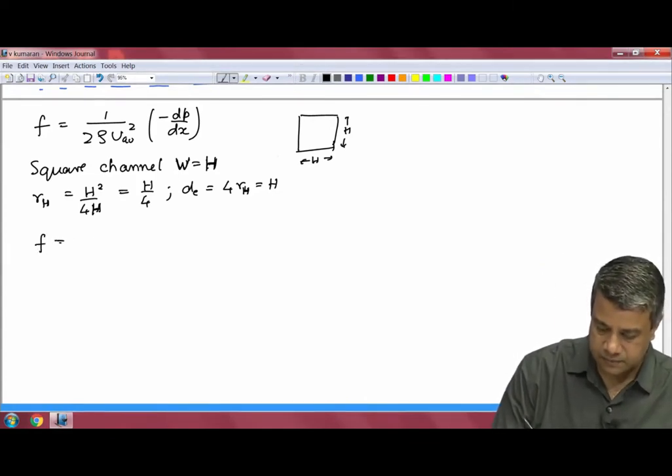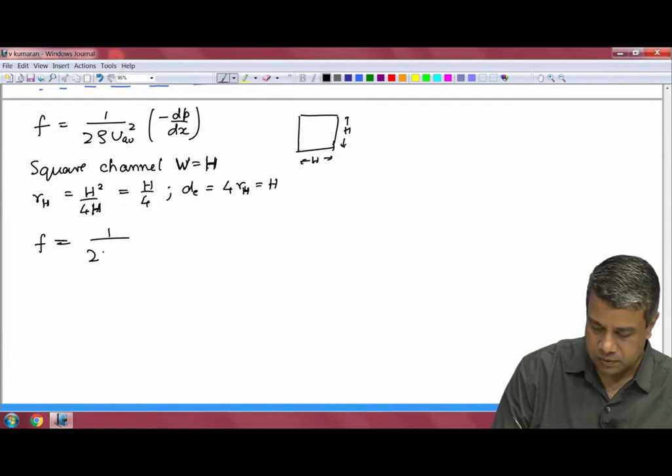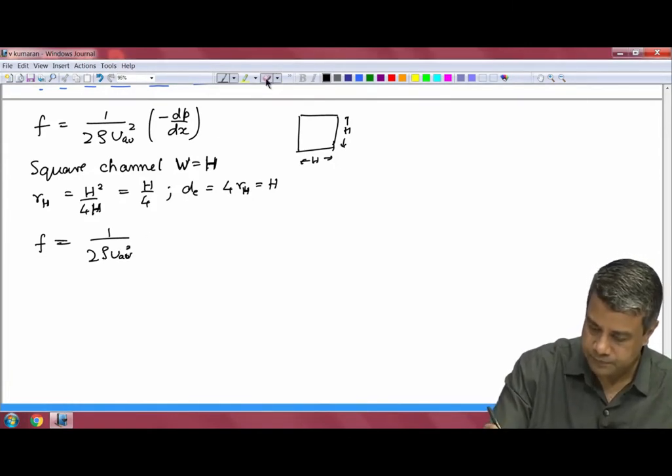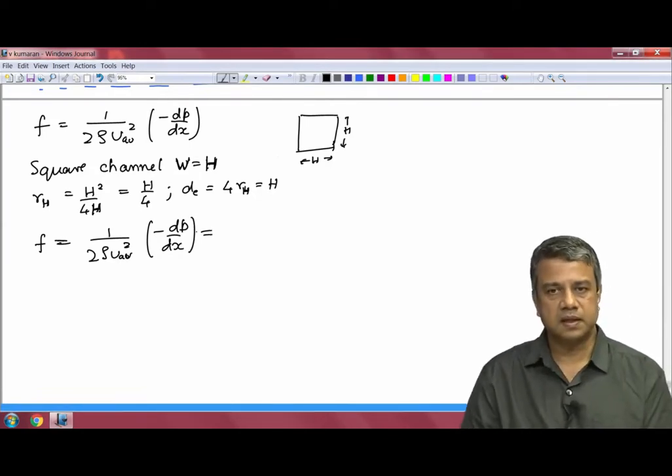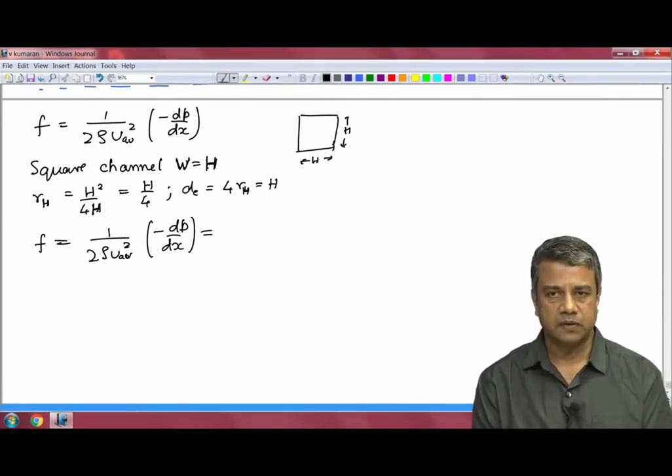f is equal to 1 by 2 rho V average square into minus dP by dx. Since this is a laminar flow, I would expect the friction factor to scale as 1 over the Reynolds number.